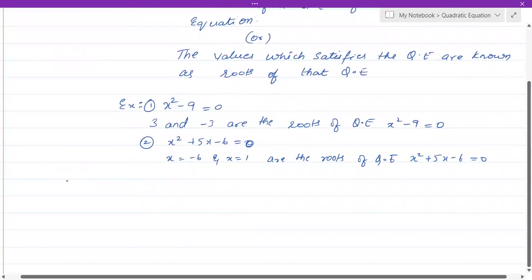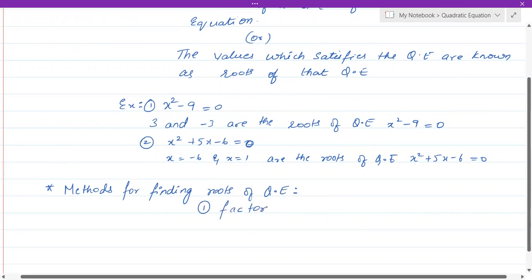Now, the methods for finding roots of a quadratic equation. Okay. So the first method is the factorization method, also known as splitting the middle term.